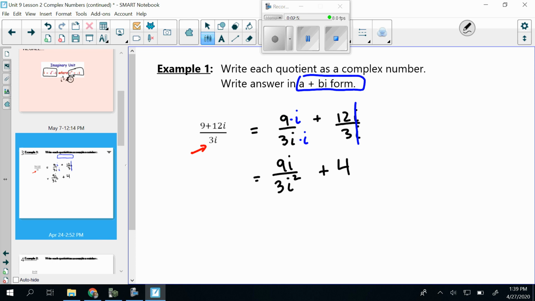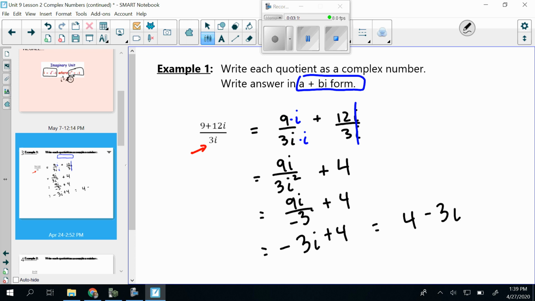Remember, i squared is equal to -1, and so now we have 9i over 3 times -1, which is just -3. Now 9 divided by -3 would be -3, and so we'd end up with -3i plus 4. Typically we write that with the real part first, so it'd be 4 minus 3i. That would be the complex form of this one.